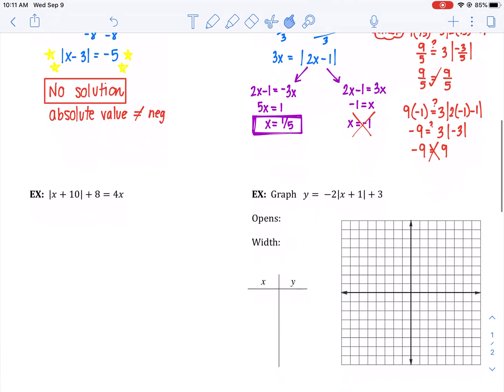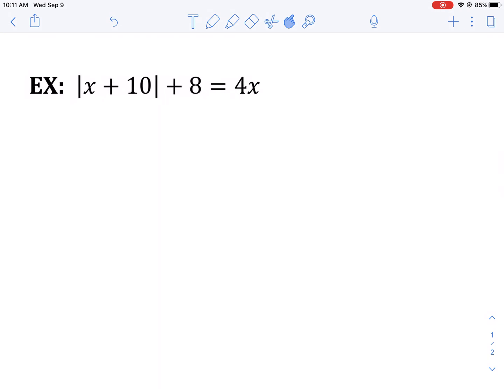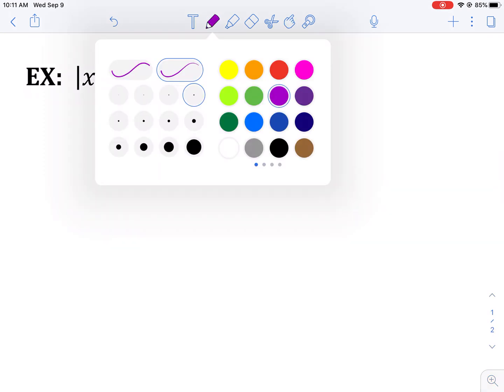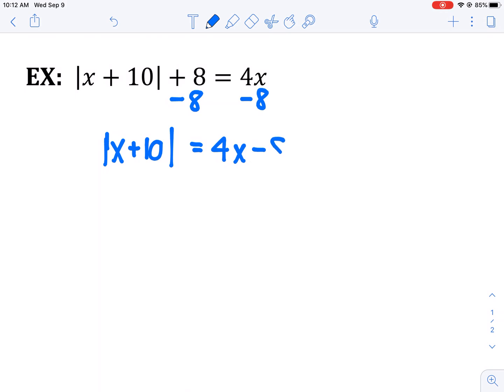Okay, almost done. This one gets a little more complicated. Only reason is now you have a couple terms on the right and left, but it's the same idea. Get your absolute value alone. Good, I have it alone.